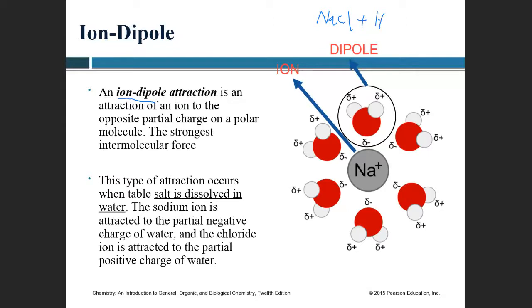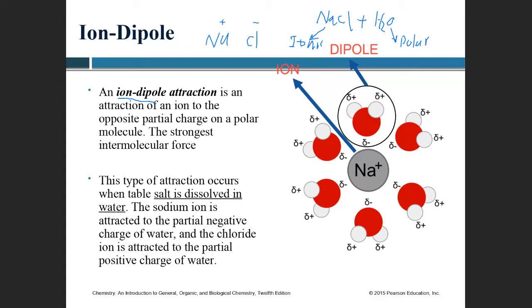Water is a polar covalent compound, while sodium chloride is ionic. When it dissolves in water, it will dissociate into ions, which are the sodium ion and the chloride ion. Or we say the sodium cation and the chloride anion.